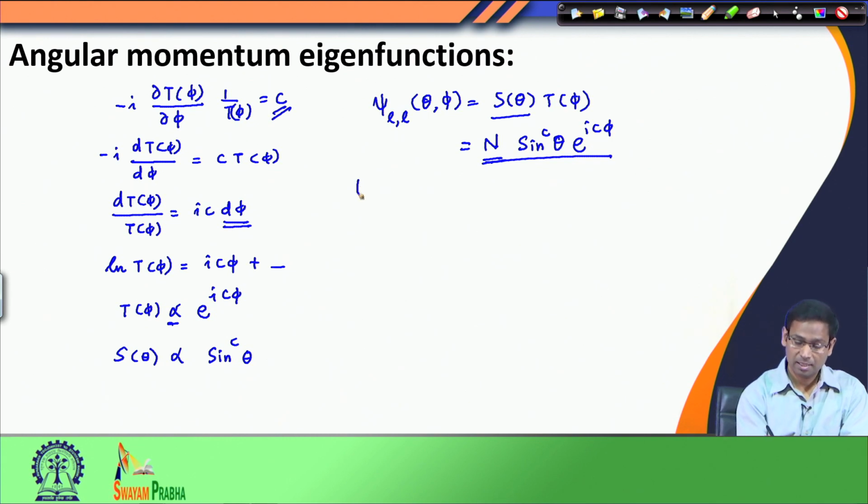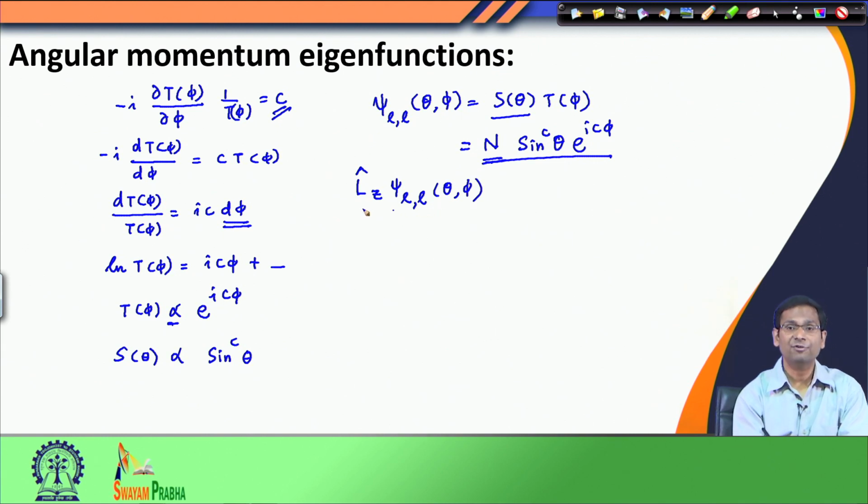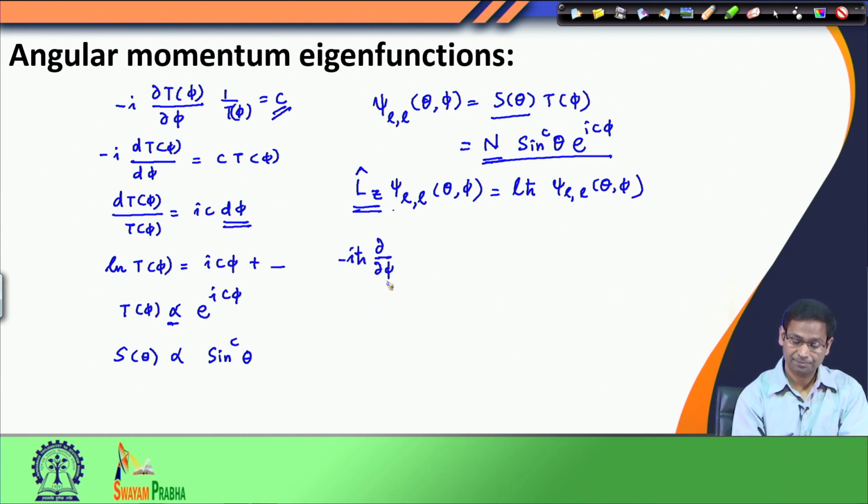To do that, let us see what happens when I apply the Lz operator on this ψ_LL. We know that ψ_LL is an eigenfunction of the Lz operator with an eigenvalue of L ħ. The functional form of the Lz operator is minus iħ ∂/∂φ.